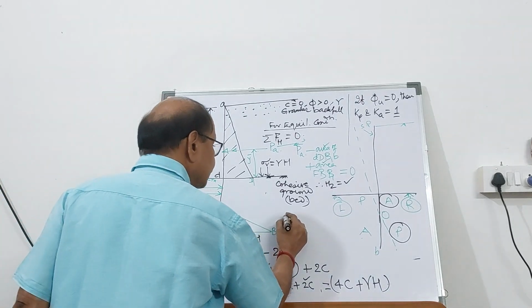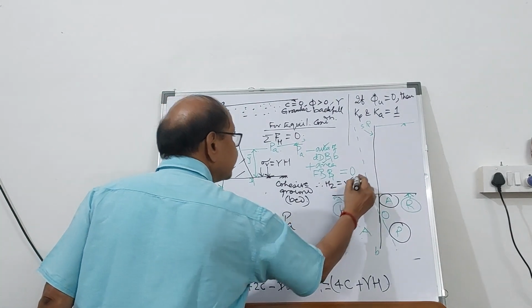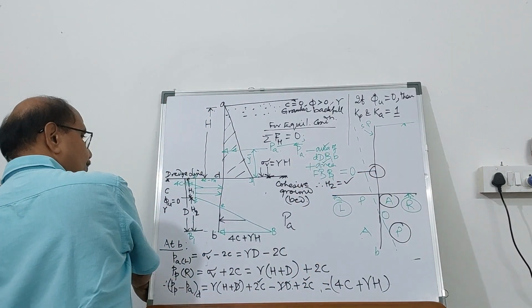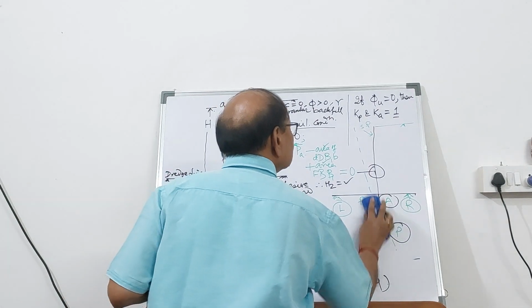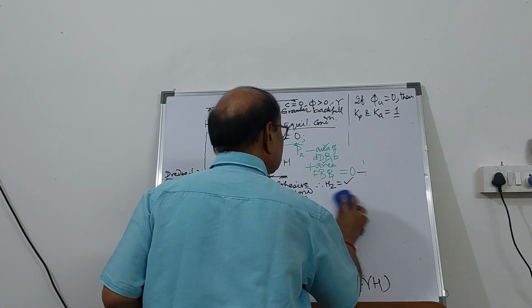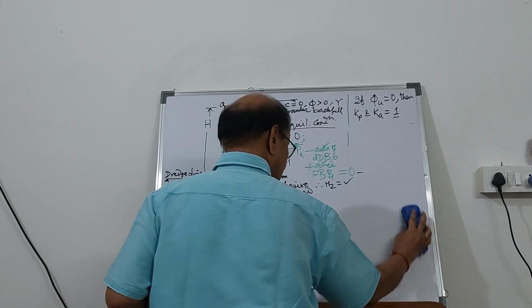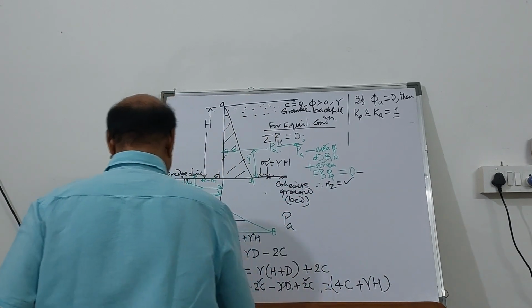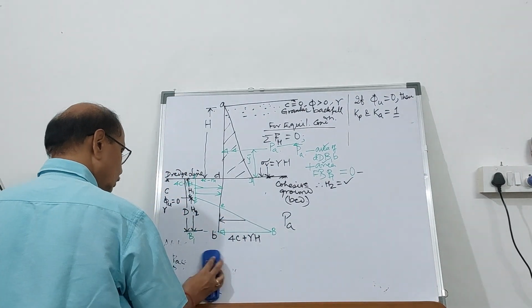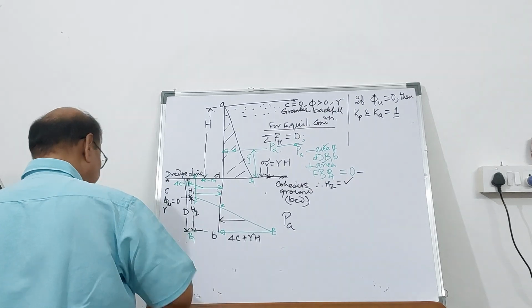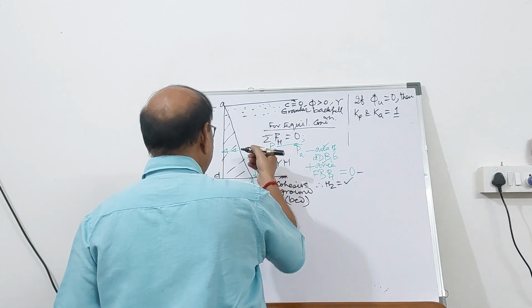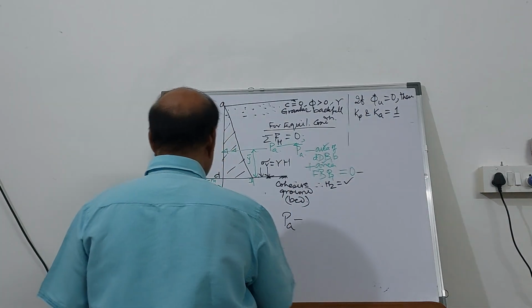So PA, let's say this is 1. So friends, how simple it is. PA minus what is the area?